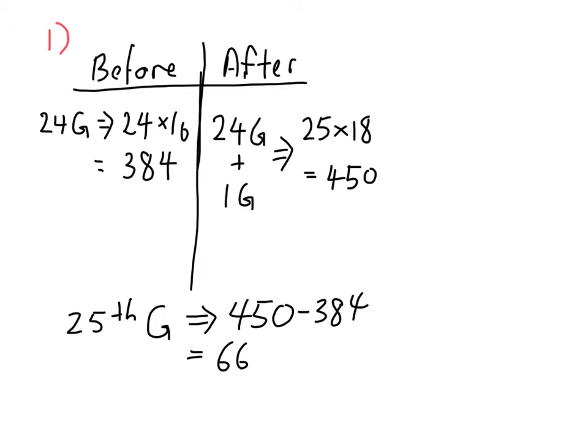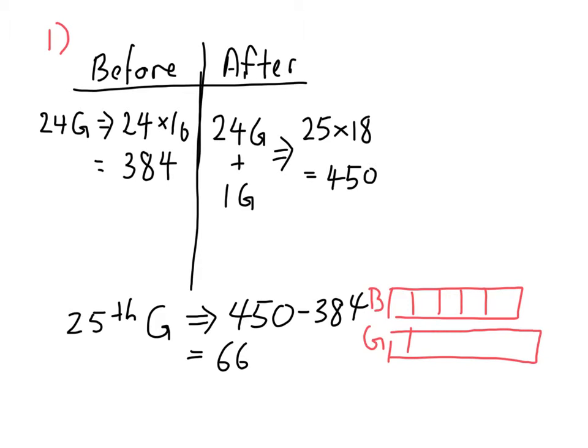Okay, so can we draw a model now? This one is the 25th group. This is the boys, then we have the girls. The boys got 5 units, then the girls got 6 units. And the total number of children in this group is 66.